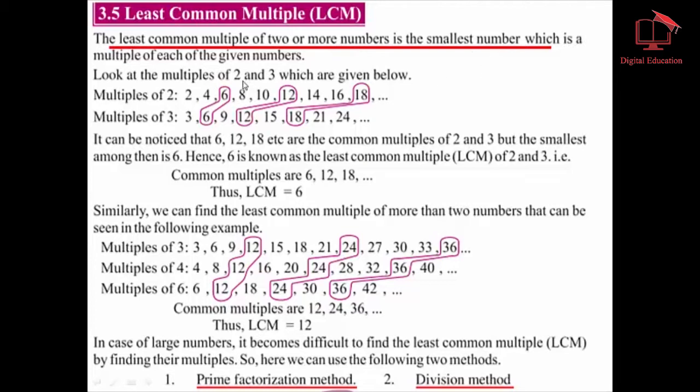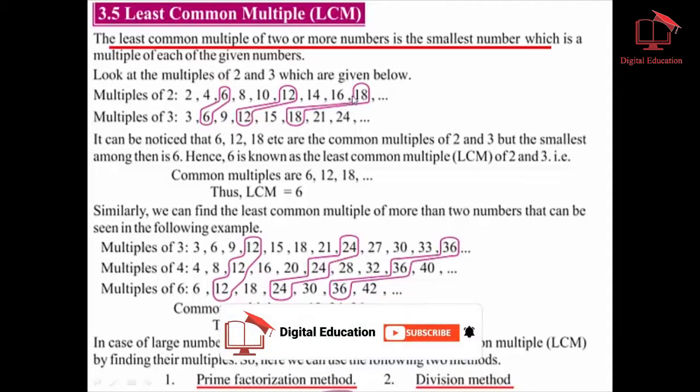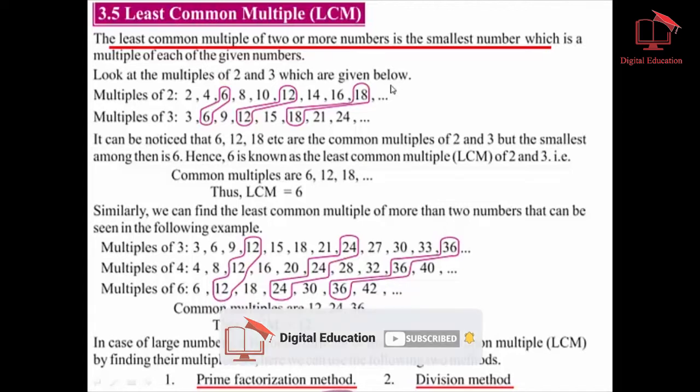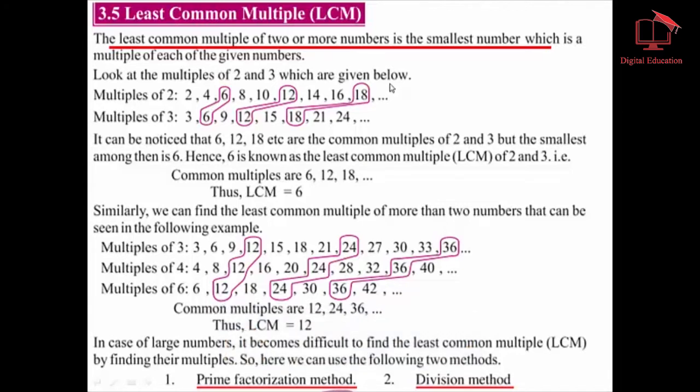Suppose we have two numbers 2 and 3. The multiples of 2 are 2, 4, 6, 8, 10, 12, 14, 16 and 18. Now same, the multiples of 3 are 3, 6, 9, 12, 15, 18, 21 and 24.